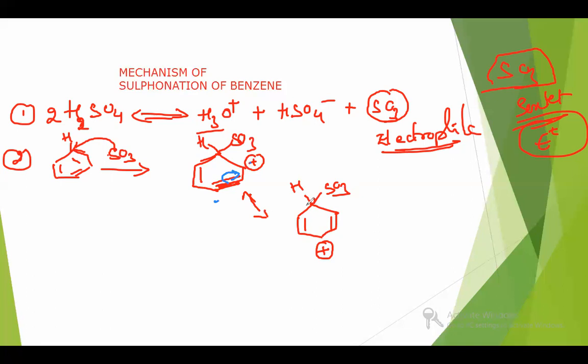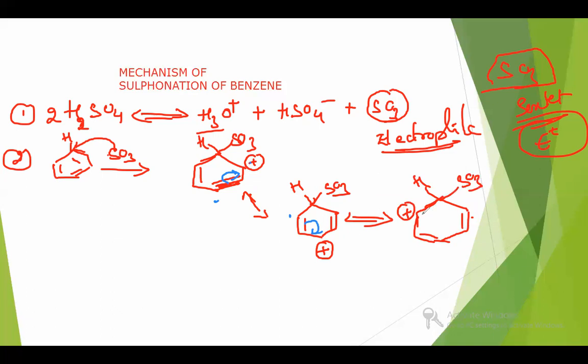Then this double bond shifts and forms the positive charge here; delocalization of electrons takes place. Shifting again, the positive charge forms on the ortho carbon, with a double bond here, the positive charge, hydrogen and SO3.